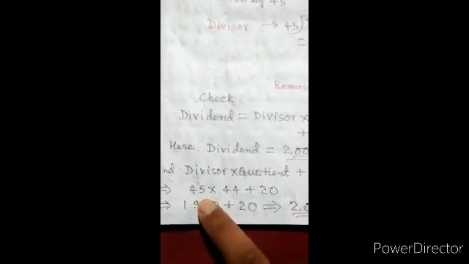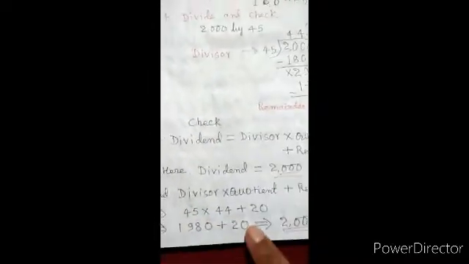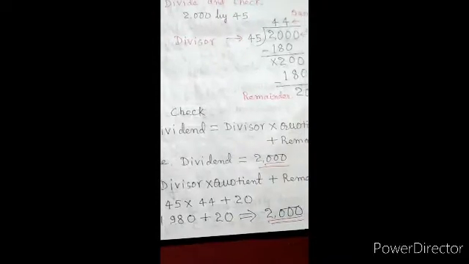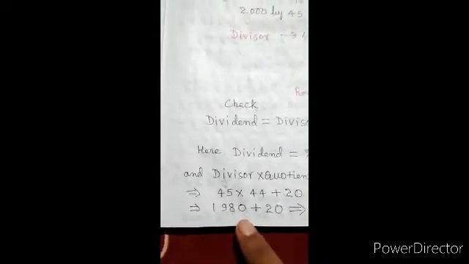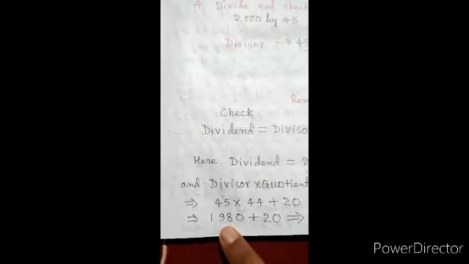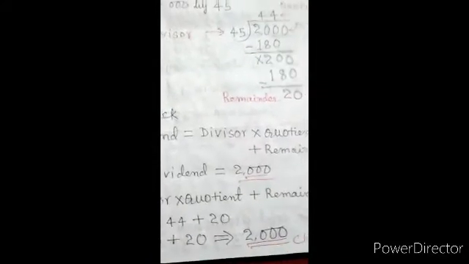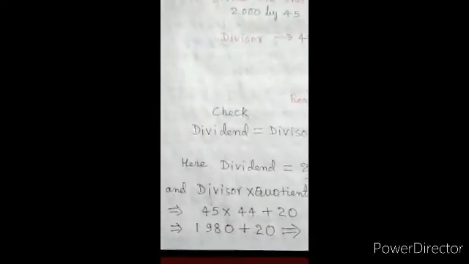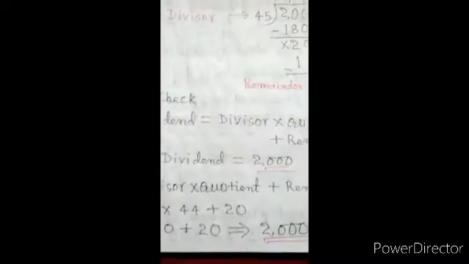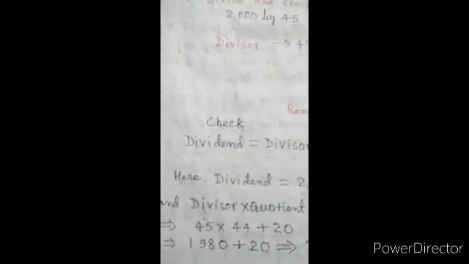Divisor is 45, quotient is 44, and remainder, that is 20, will be added. In this way we have 1980 plus 20, that is 2000 finally. In this way we see dividend is equal to divisor into quotient plus remainder. So our division is correct.